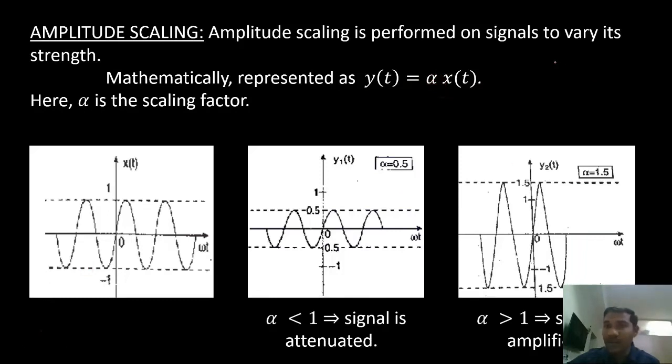It looked like x of at, where I am multiplying the constant a with the time axis. So that is time scaling. Now I'm multiplying alpha to the amplitude, outside the entire function. So that is amplitude scaling.